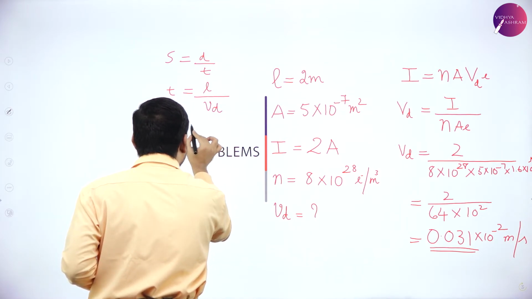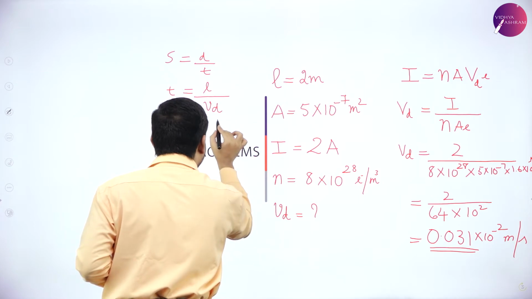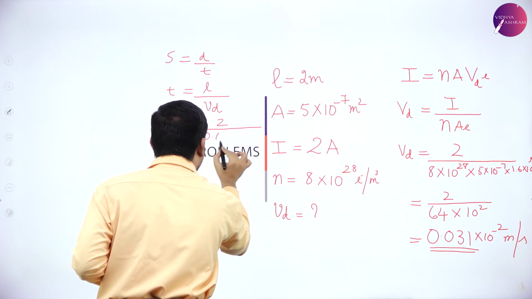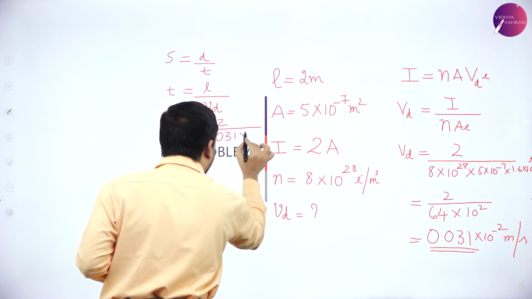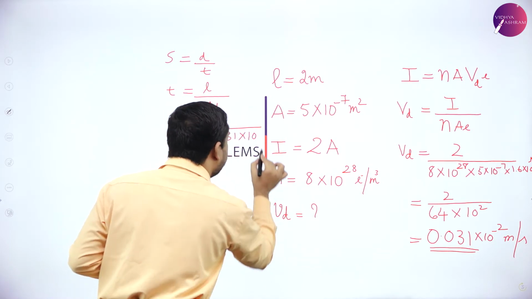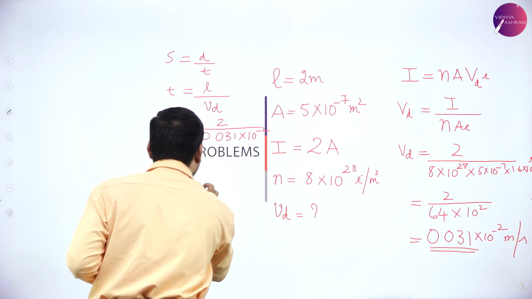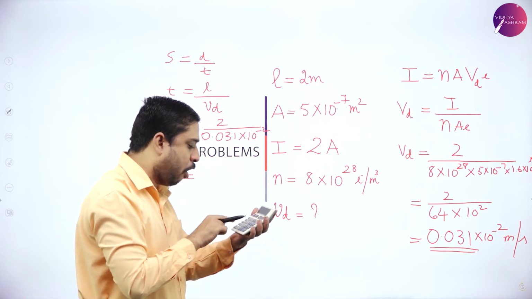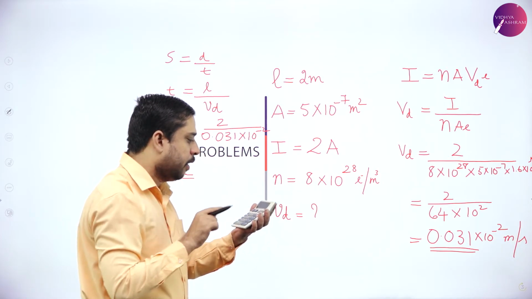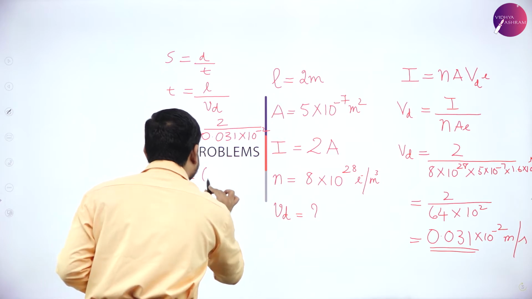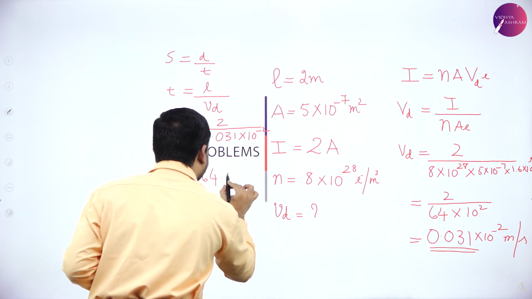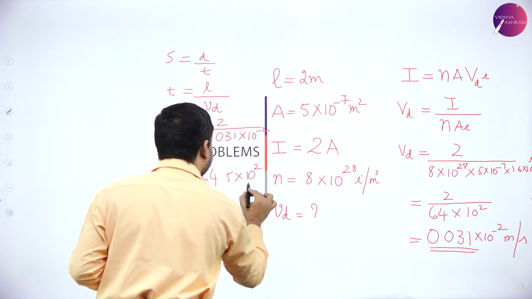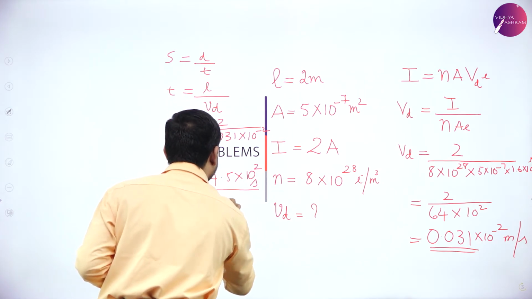Vd. So length is 2, drift velocity is 0.031 into 10 power minus 2. So 2 divided by 0.031, which is 64.5 into 10 power minus 2, it is plus 2, in seconds.